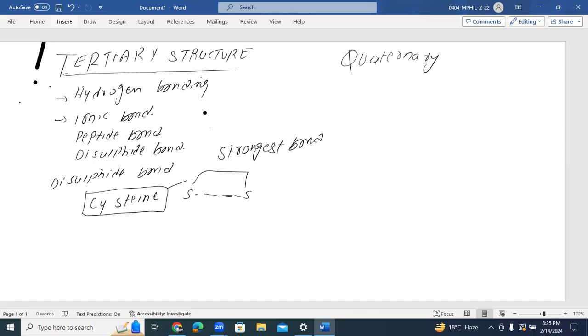Quaternary structure of protein. Quaternary structure is formed from more than one tertiary structure.